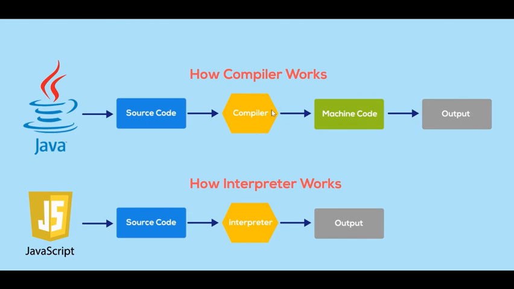After the compiler gives the machine code, and after all the calculations, the output is given. What happens in JavaScript? When you give the source code, the interpreter takes it and gives the output. So this is how Java and JavaScript work differently.